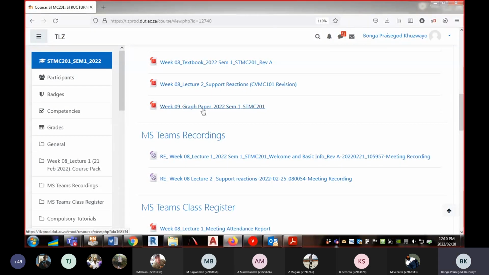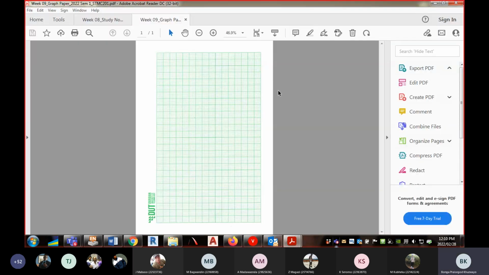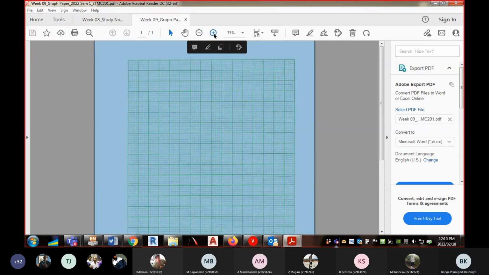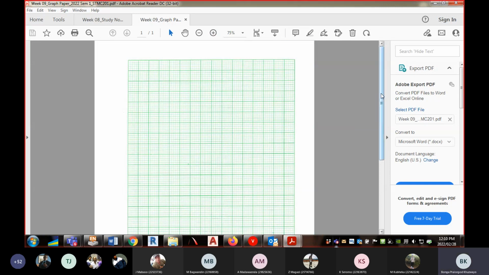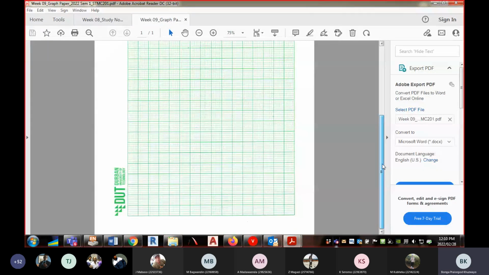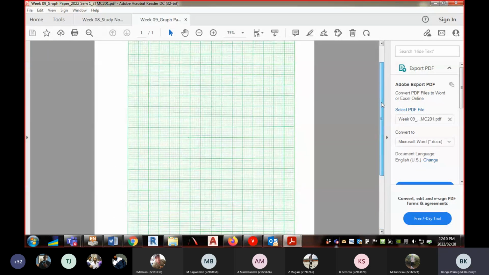Now let's go to this page on Moodle. On Moodle, I have uploaded a typical graph paper for you. I'm trying to open this graph paper. Please bear with me, this is taking time. I have uploaded this graph paper model. When you draw shear force diagrams, ideally you should use a graph paper.